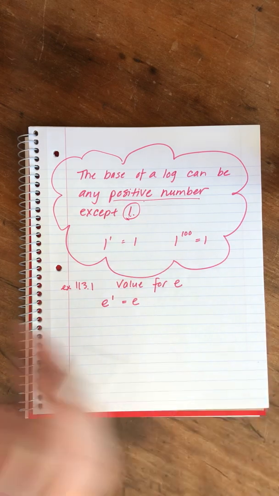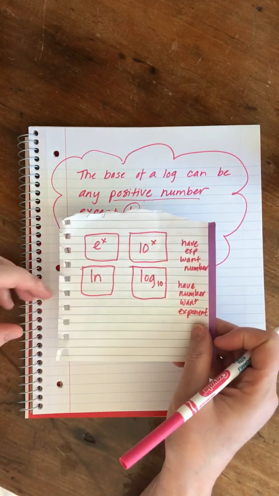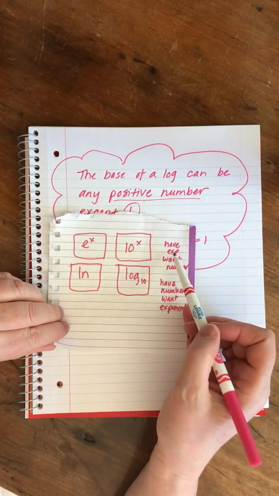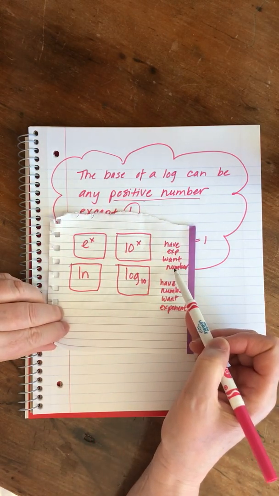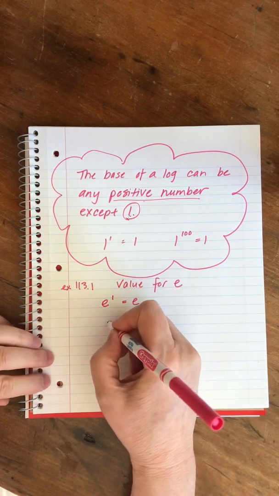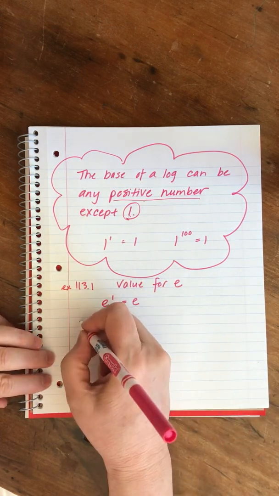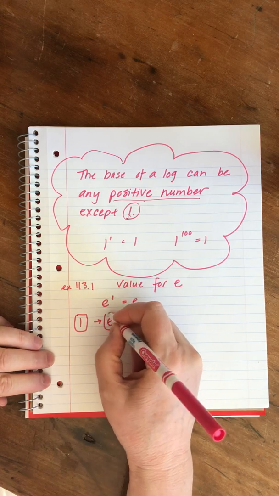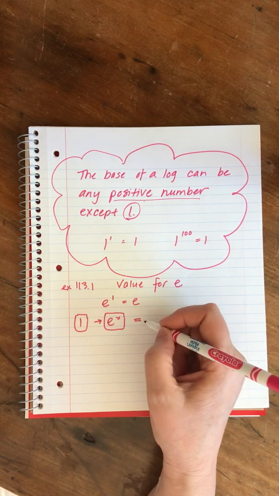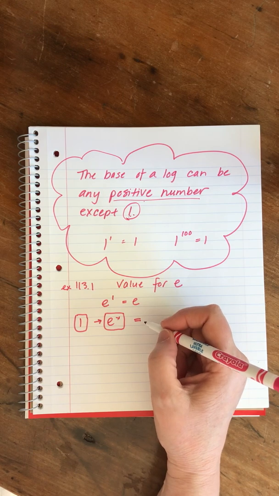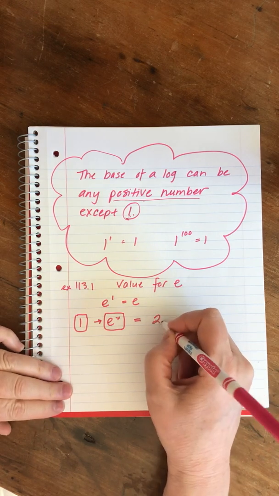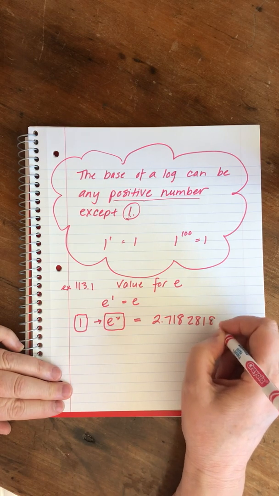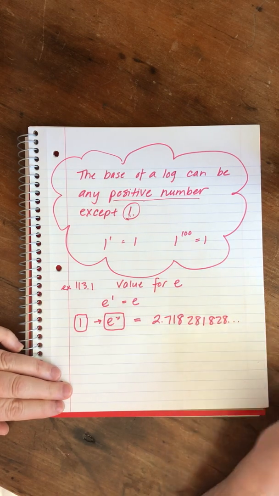So here's my handmade calculator. We want to use this button because we have the exponent and we want the number. First we'll hit 1, and then we'll hit e to the x, and the answer will come up 2.718281828, and so on.